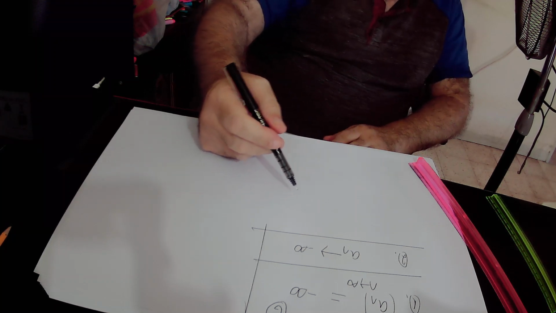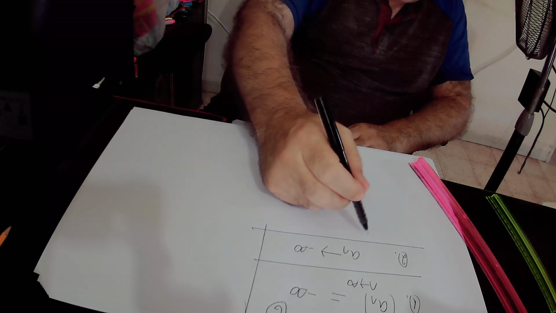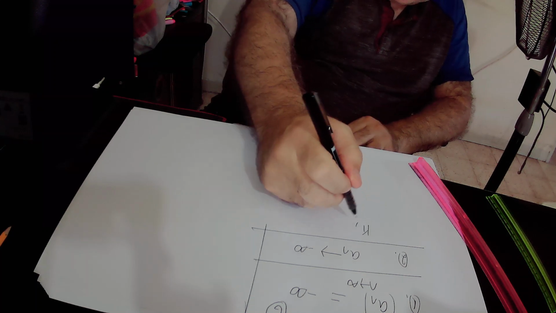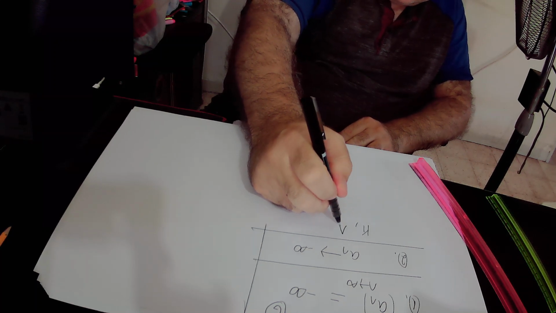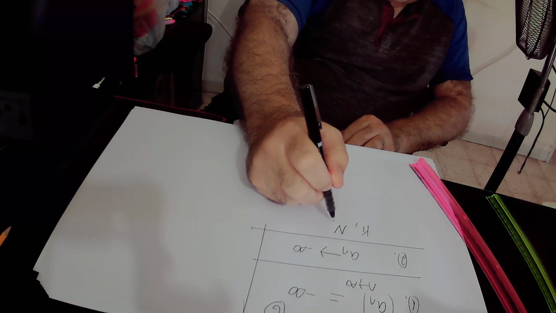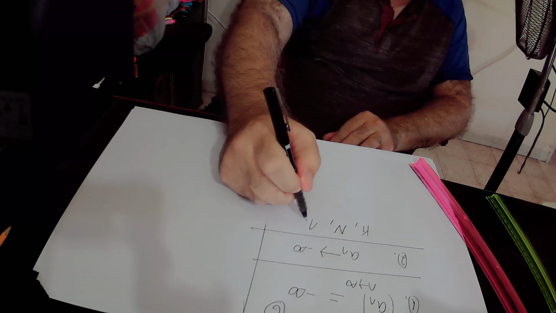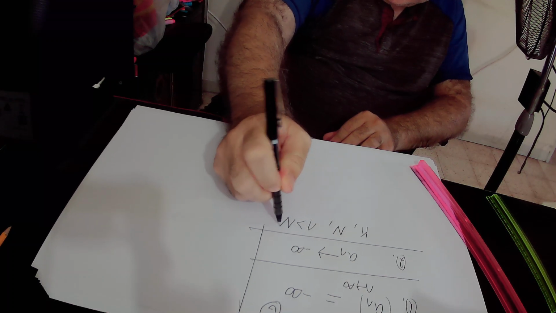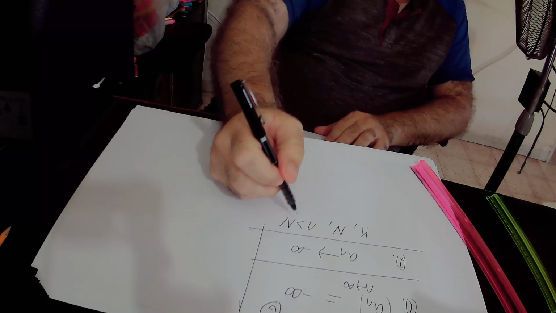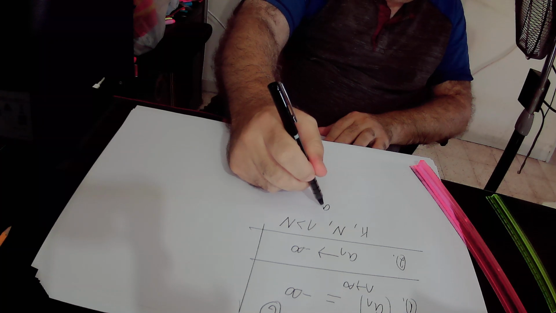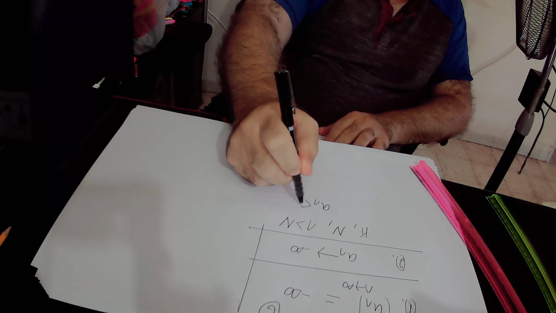The condition is that for every real number k, there is a natural number N, such that for every natural number n that is greater than capital N, we will get that the term of the sequence an is smaller than k.